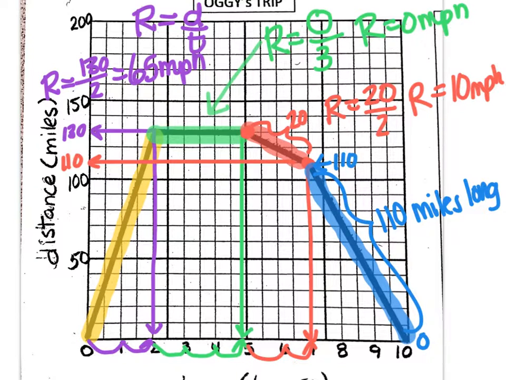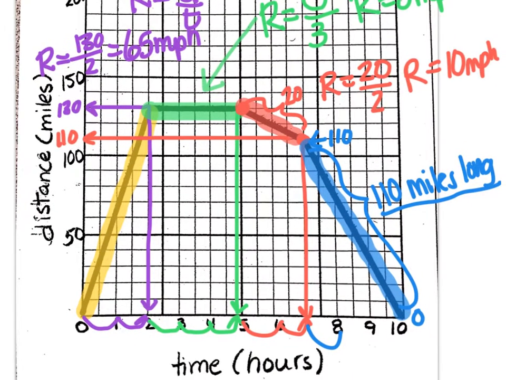And we traveled 110 miles in 1, 2, 3 hours. I'm sorry, I gotta move this up. 1, 2, 3 hours. So we did 110 miles in 3 hours. And when I put that in my calculator, 110 divided by 3 gives me 36.6 repeating. So I'm going to say 36.67 repeating miles per hour.